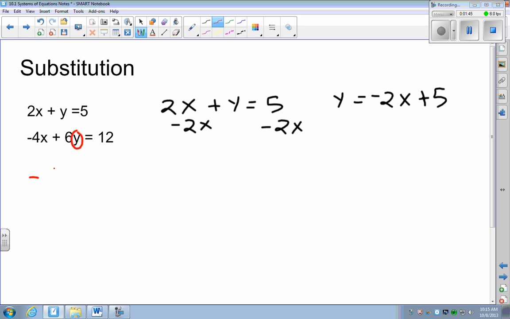So we'll have negative 4x plus 6 times negative 2x plus 5 is equal to 12. All right, so now we multiply that 6 in and combine like terms.